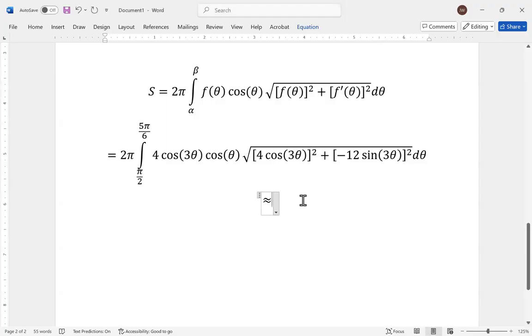Now, when I type this in, I got about a negative 58.60. Here's why I got a negative. Remember that my petal was in the second quadrant.